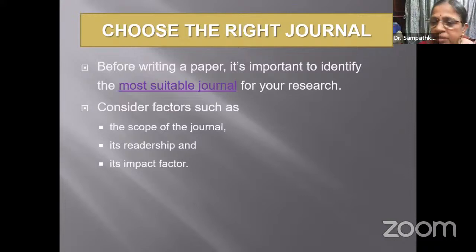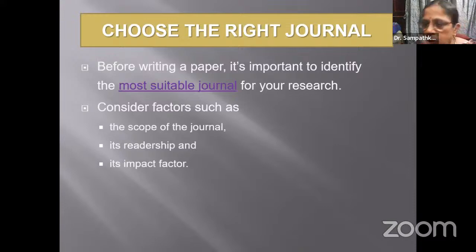If you publish in some SPM journal or some research journal, it may not be useful, because in the OG journal, the obstetricians and gynecologists, most of them, even in private hospitals, even in villages, whoever is able to read the journal, your work will be useful. So first you should select the journal which will be useful for other obstetricians also. Consider factors such as the scope of the journal, its readership and its impact factor.